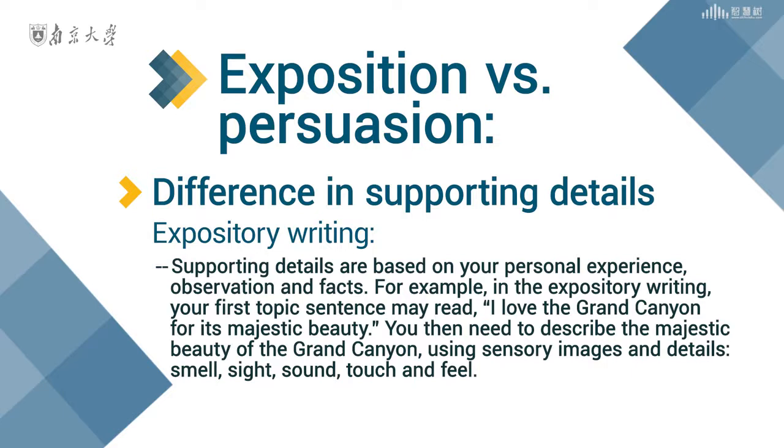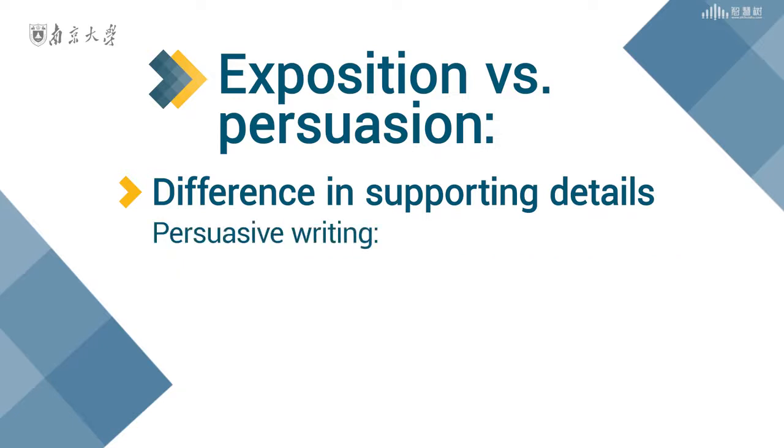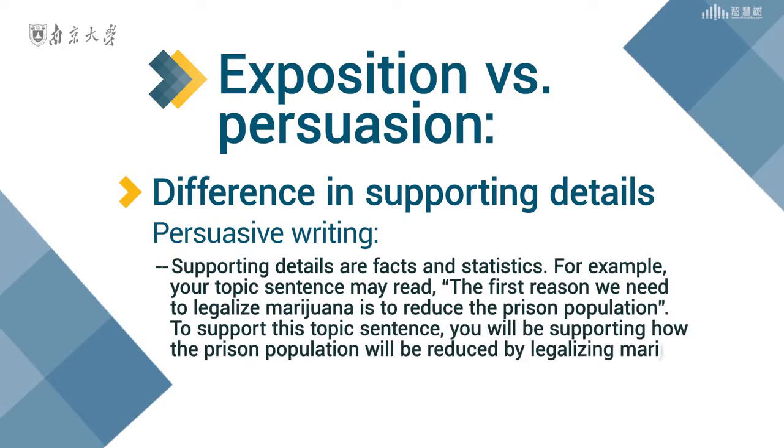sound, touch, and feel. In the persuasive writing, your topic sentence may read, the first reason we need to legalize marijuana is to reduce the prison population, for example. To support this topic sentence, you will be supporting how the prison population will be reduced by legalizing marijuana, a fact-based argument relying on research and statistics.